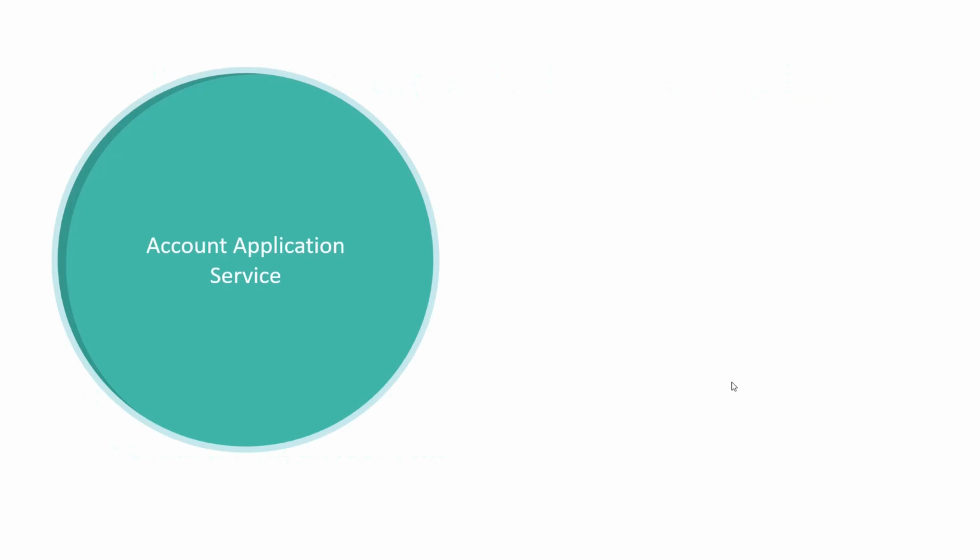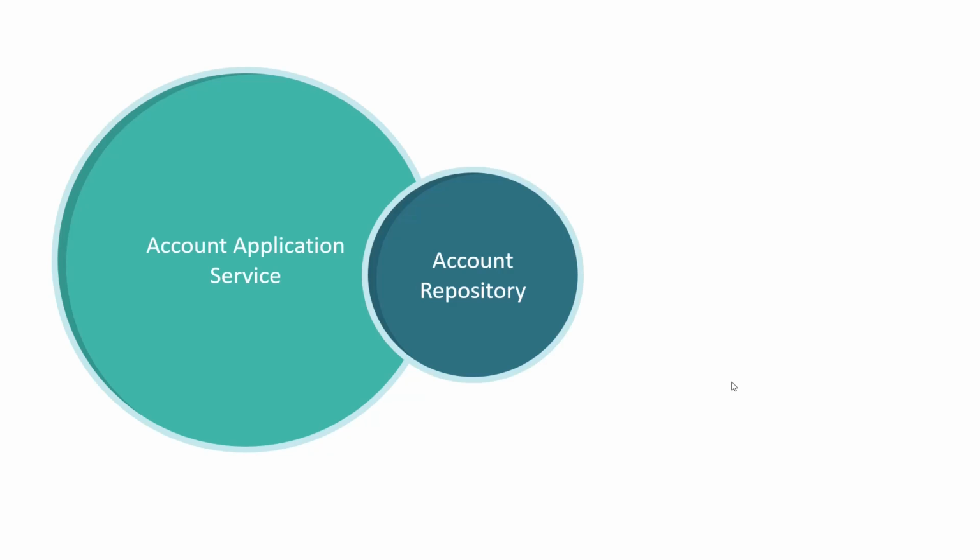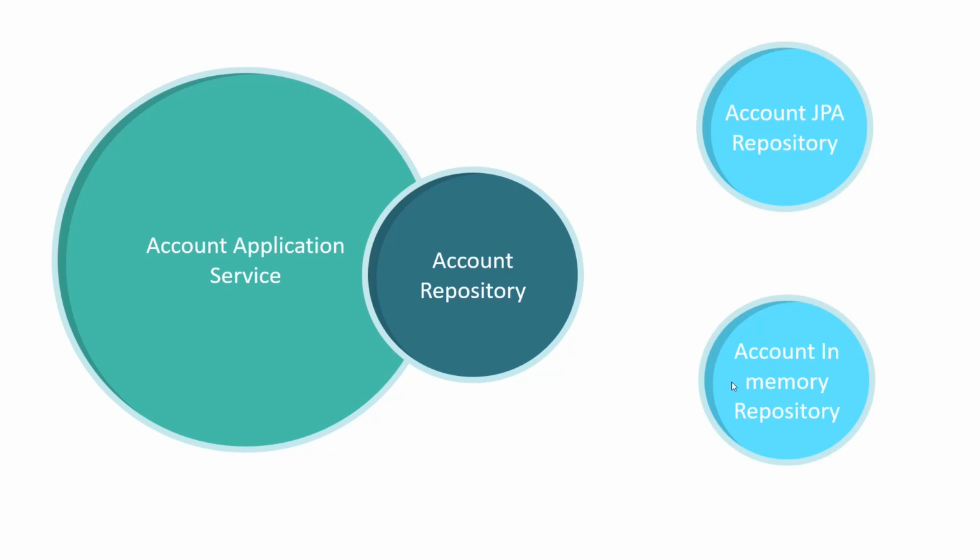So now let's move back to our sample application. We have our account application service, which has a reference to the account repository interface. We don't know what the implementation is. It can be different. It can be an account JPA repository, or it can be an account in-memory implementation. The application service doesn't know what the underlying implementation is. We want to create a new account.